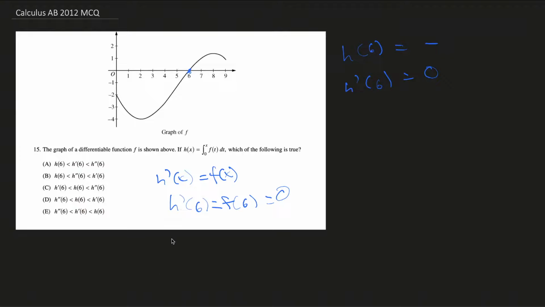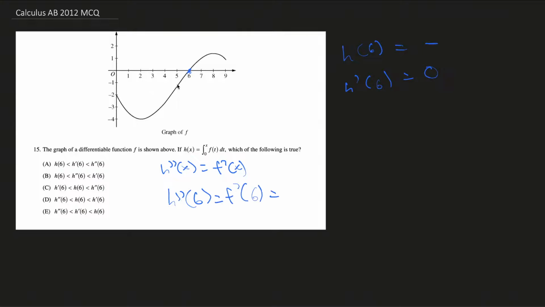And h double prime of x, well, we had h prime of x is equal to f of x, so we just take the derivative again, and we have f prime of x. So if we take h double prime at 6, then that's equal to f prime at 6, and we can see that's a positive slope right there. So h double prime at 6 would be some positive quantity.